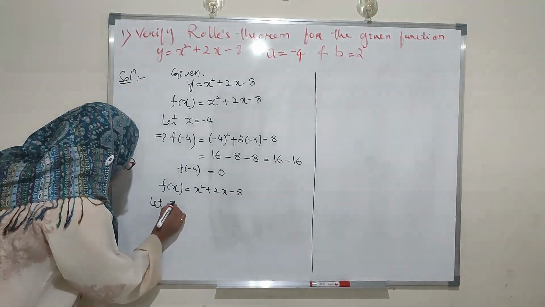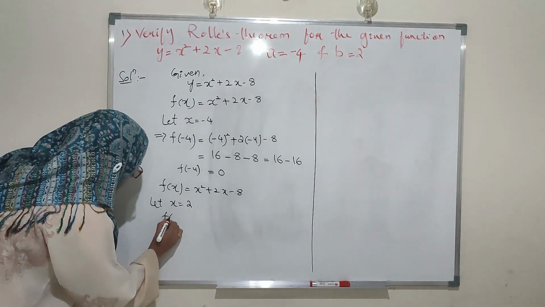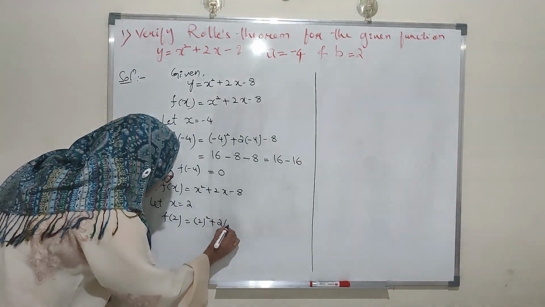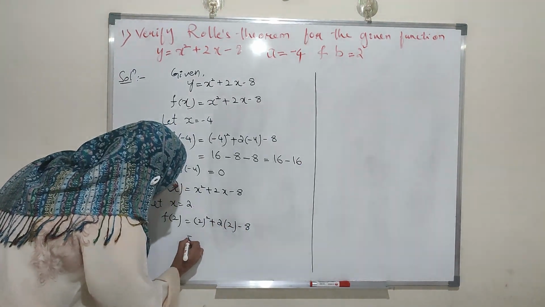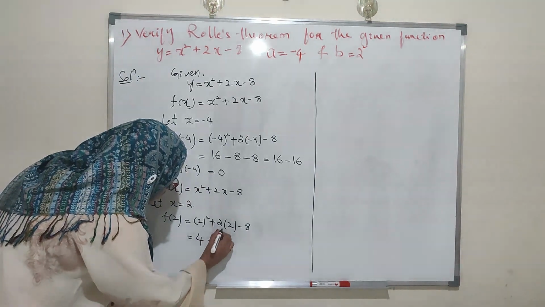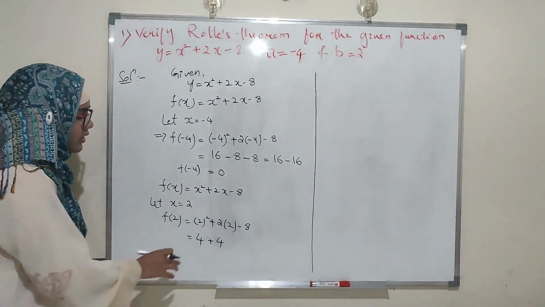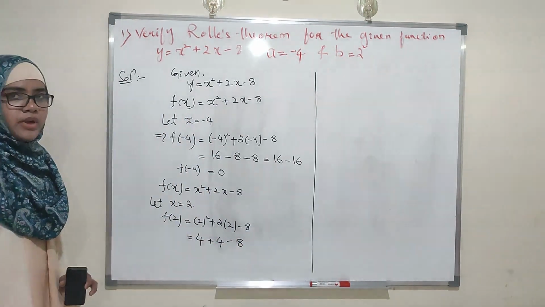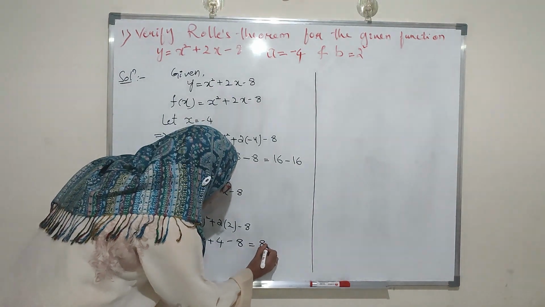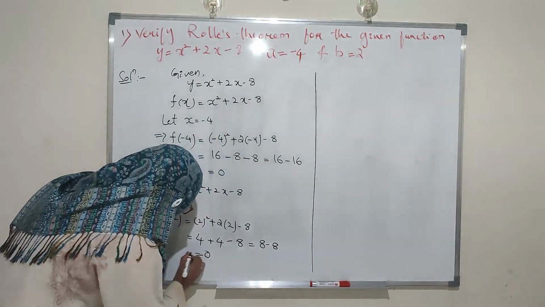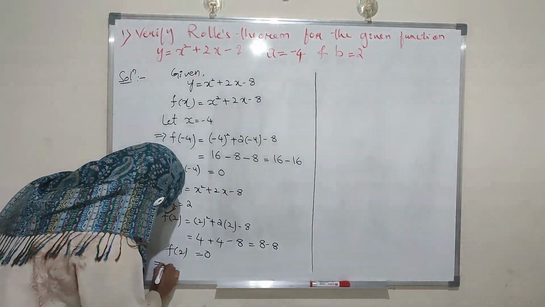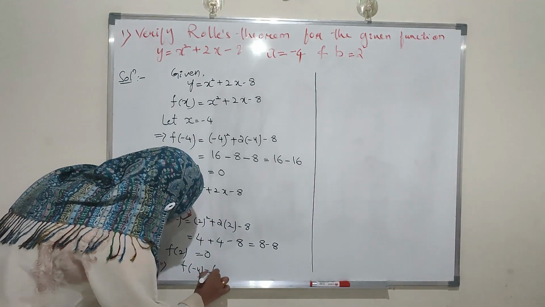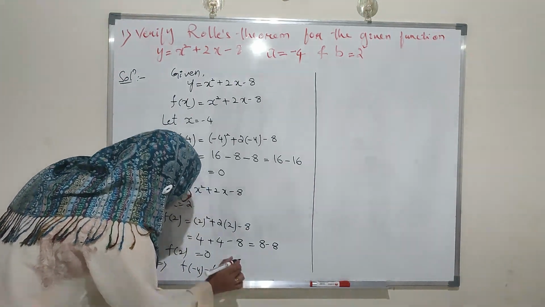Now let x equal to 2, then f of 2 is 2 square plus 2 into 2 minus 8. 2 square is 4, and 2 twos are 4, minus 8. So 4 plus 4 is 8, 8 minus 8 will become 0. f of 2 is 0. This implies f of minus 4 is equal to f of 2 equal to 0.